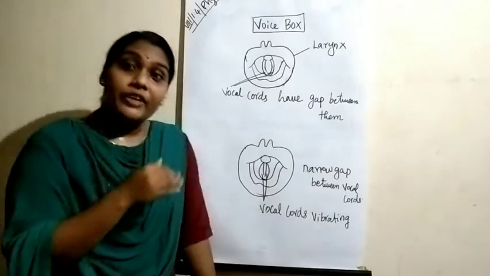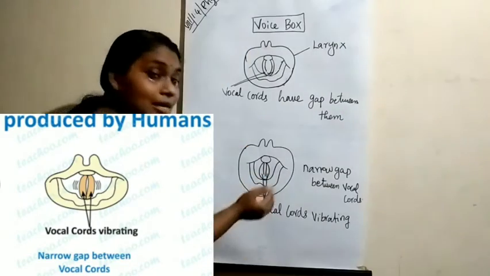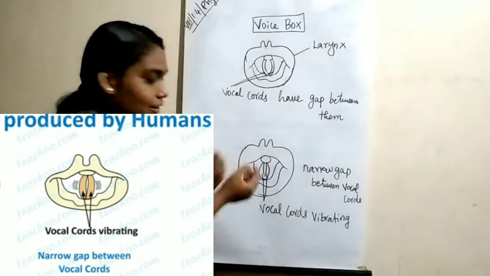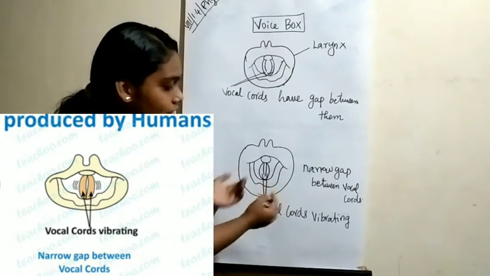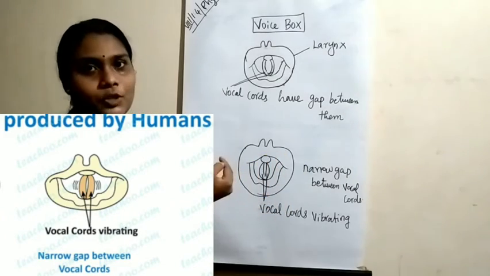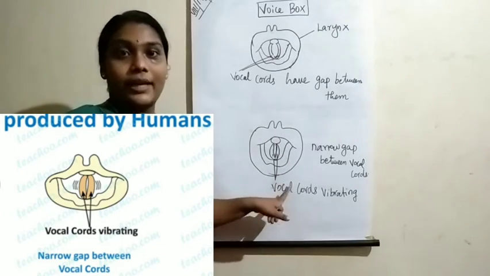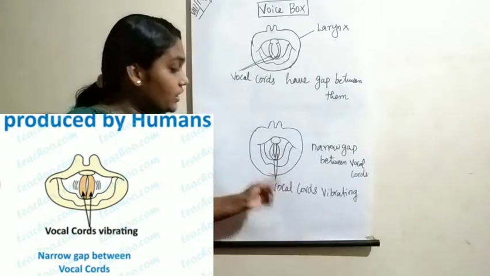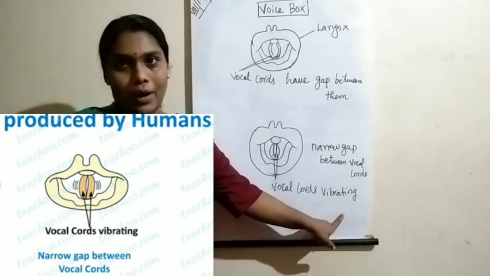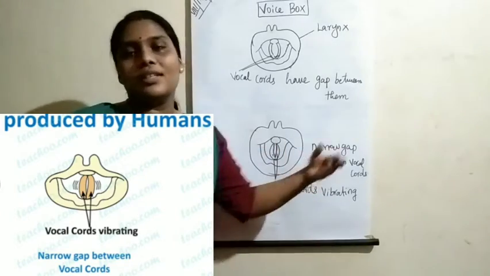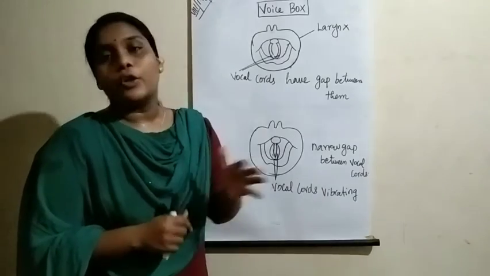But when we start talking, these vocal cords come together, leaving only a narrow gap. Air can pass through this narrow gap. This makes the vocal cords vibrate and sound is produced. Okay, all of you clear how sound is produced by humans?